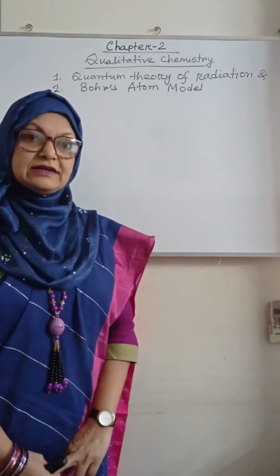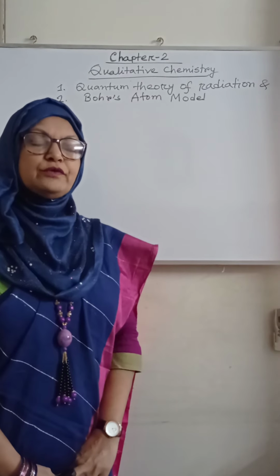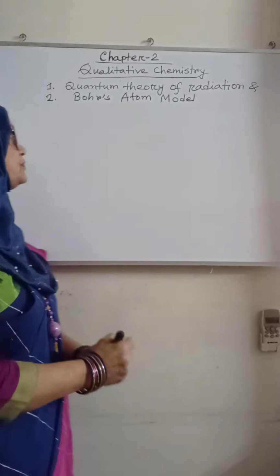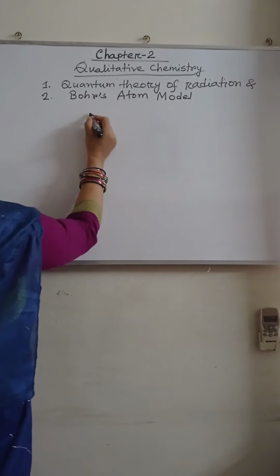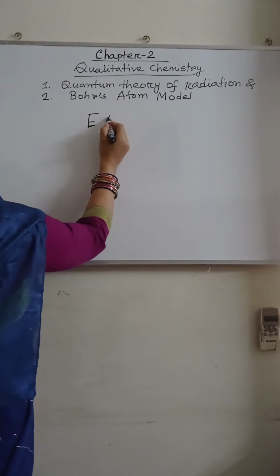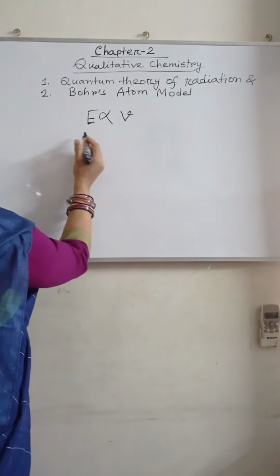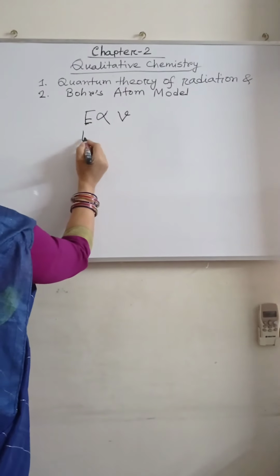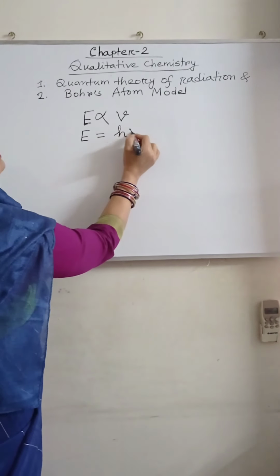This quantum energy is directly proportional to the frequency of radiation, that is, E is proportional to nu. That means E equals h nu.